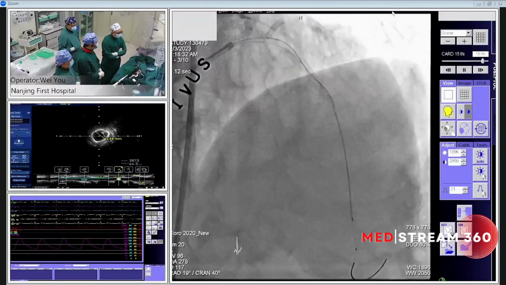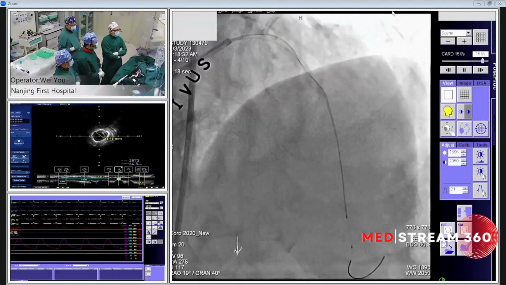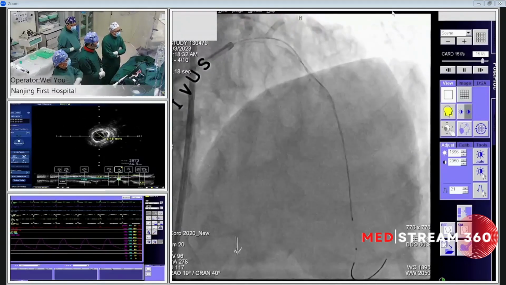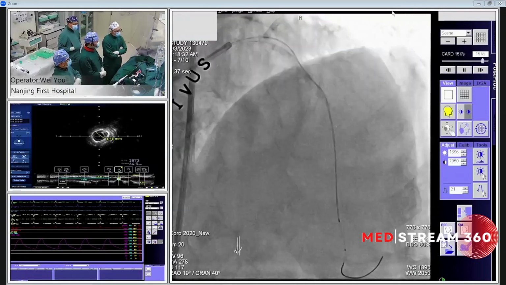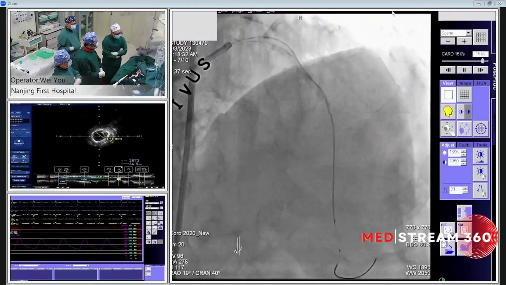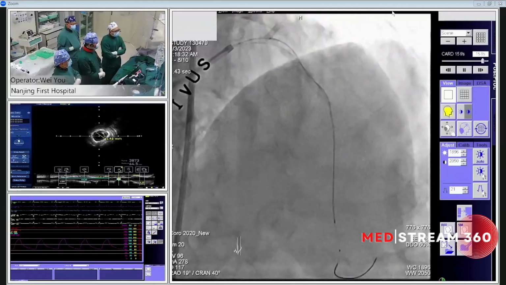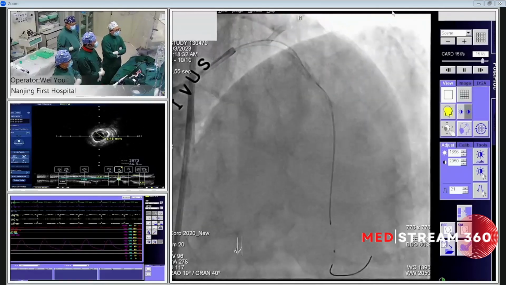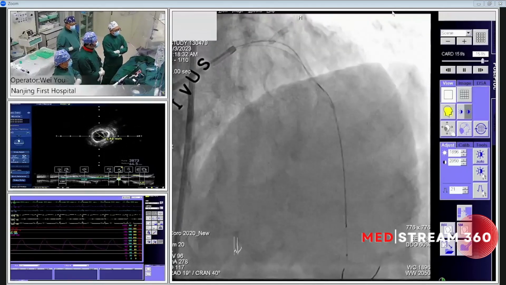Okay, Chief, according to the IVUS result, we can calculate the IVUS calcium score as more than 2. And from the calcified PCI algorithm, I think we need to use rotational atherectomy or IVL to prepare this lesion, to acquire very good stent expansion.